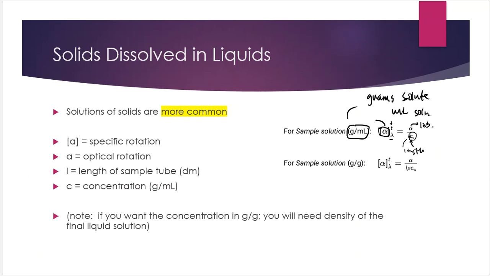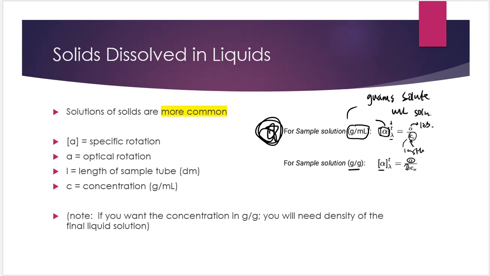There are two different versions of this equation on the screen, though. This one at the top is, of course, the most common, but here is one for a sample solution that is gram per gram. This works, but it depends on how we are reporting the values and what the requirement is in terms of the monograph and on the report. This is, again, pretty similar. We get specific rotation. We get optical rotation at the top.